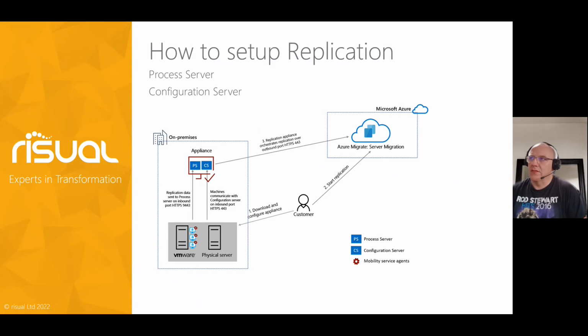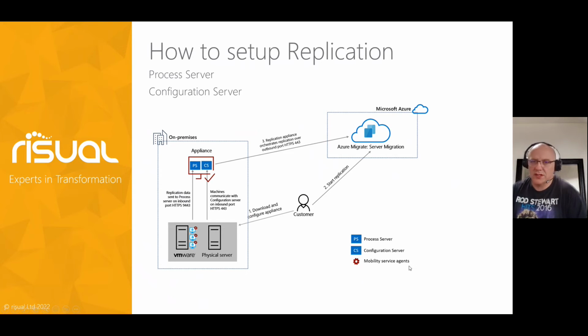So again, we look at the diagram over here, and you've got the VMware or the physical server side of things, and we've talked about the HTTPS port 443 for the replication data, etc. So within the appliance, it has a process server and a configuration server, and also uses this mobility service agent.